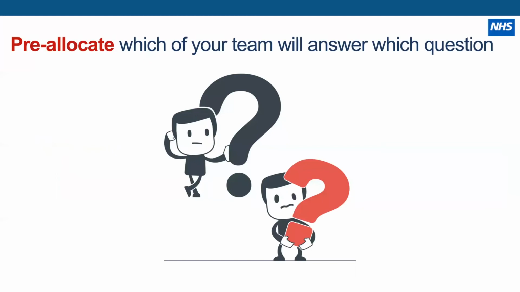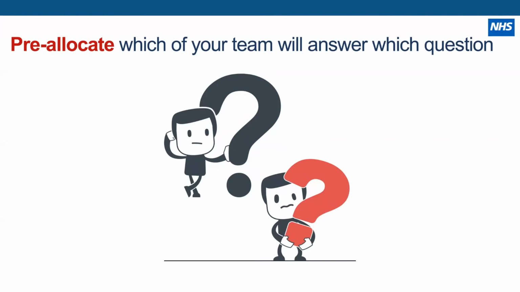Pre-allocate which of your team will answer certain questions. So if you've got a set of questions that you want to cover, in those survey questions that you ask patients to give you an idea of what they want to know, you might create a selection of questions and answers, and you'll pre-allocate those to your team. So if somebody says, I want to know, do I have to cut out all dairy on the FODMAP diet?